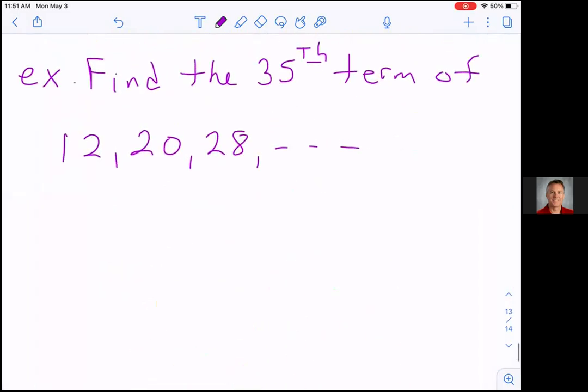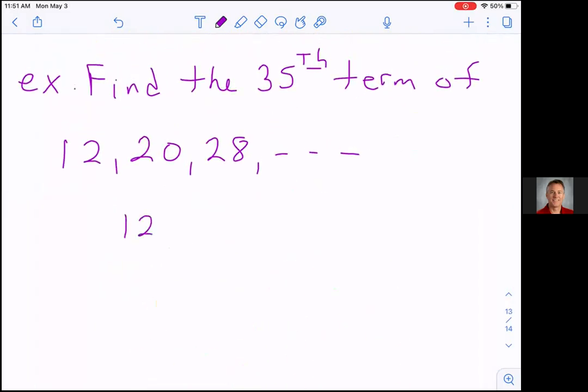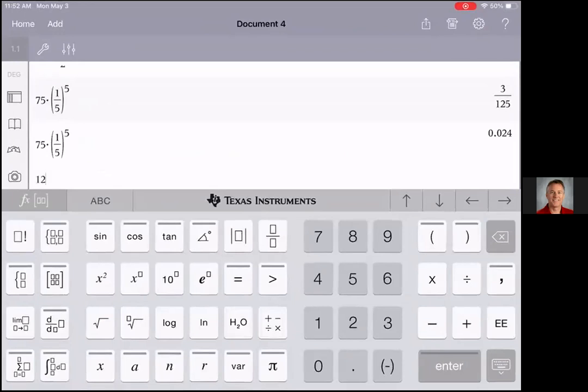So to find the 35th term, I would do a sub 1, which is 12, plus our n minus 1, so that's 35 minus 1, and our d, which is +8. So I'm just going to plug it in my calculator. So 12 plus 34 times 8. We get 284.